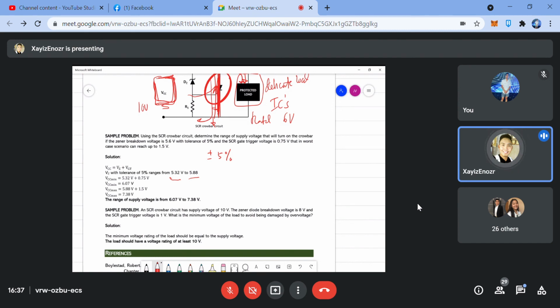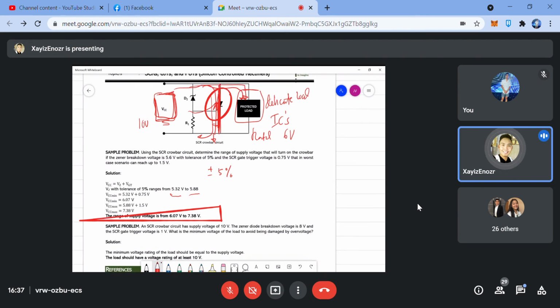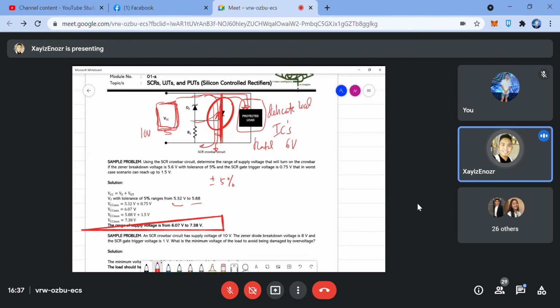Then yung VCC max, kunin mo yung parehong maximum point. Yung maximum point is 5.88, then yung 1.5, that will be 7.38 volts. Therefore, ang range ng supply voltage mo is from 6.07 to 7.38 volts. So, ito yung range kung saan magta-turn on yung SCR natin or ma-activate yung SCR crowbar circuit natin.